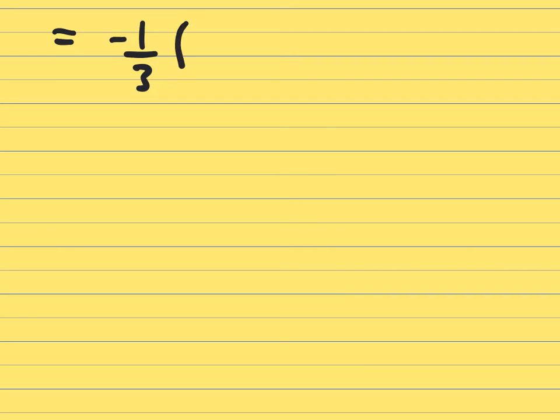Multiplying through, we had 1 minus u squared in parentheses times u to the half. If we distribute u to the half, that gives us u to the 1/2 minus u squared times u to the half is u to the 5/2. Just add the powers.